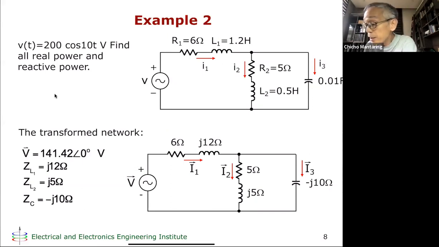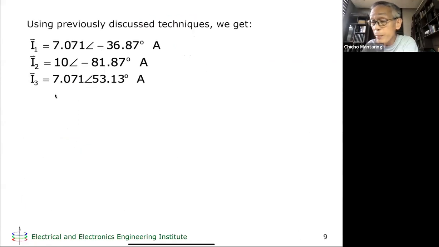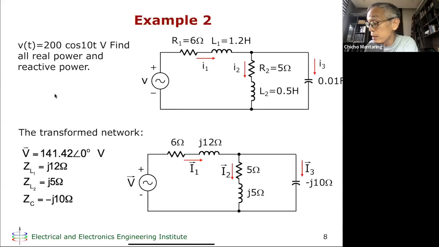Now, we had this example last time. We want to determine I1, I2, and I3. And we showed that there were many ways of doing this. One way was to use circuit simplification. You get the total impedance seen by the voltage source, and then you can solve for I1. After solving for I1, you can use current division for I2 and I3. The other way of solving this is the node voltage method.